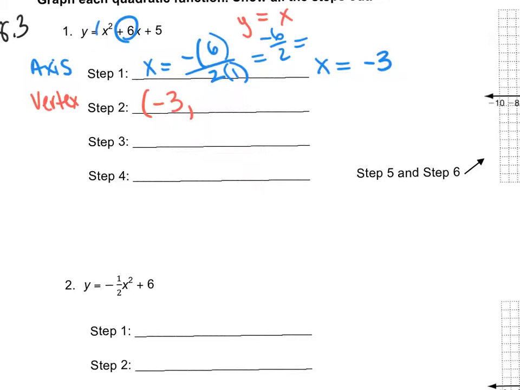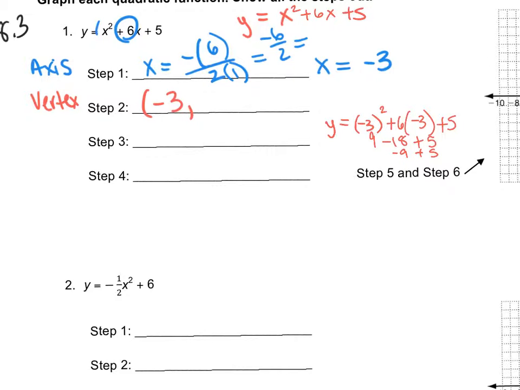The equation is y is equal to x squared plus 6x plus 5. So if I was to follow this, I would say x is -3. I want to know what y is equal to. Y is equal to -3 squared plus 6 times -3 plus 5. -3 squared is 9. 6 times -3 is -18. 9 minus 18 is negative 9.